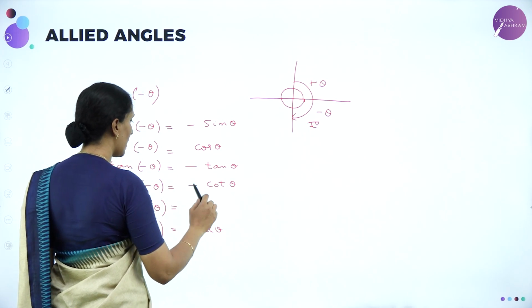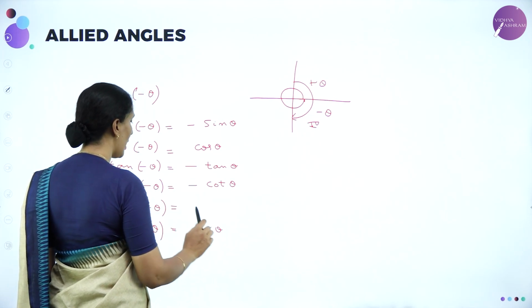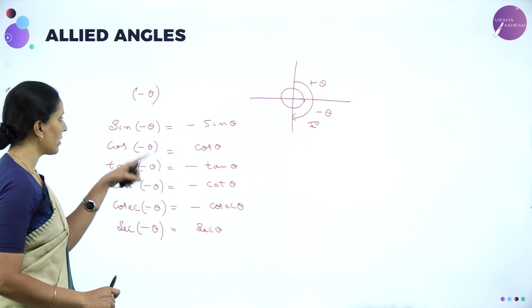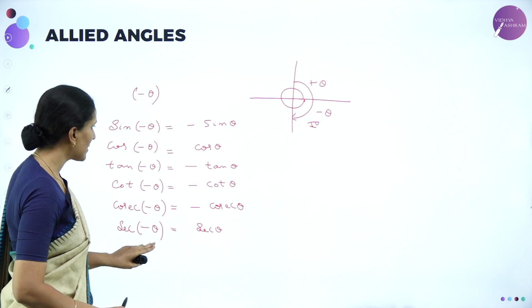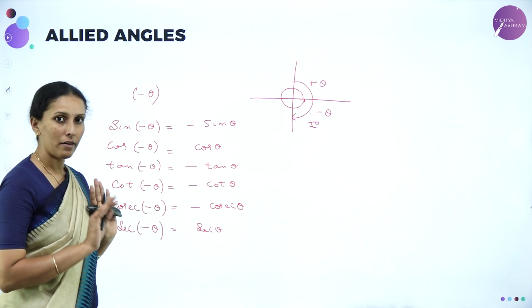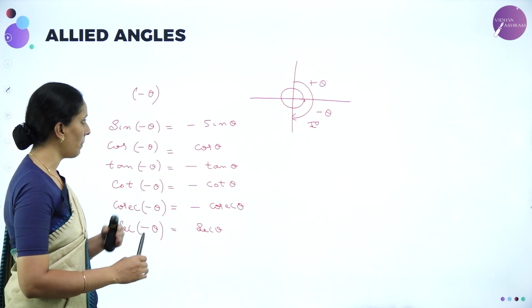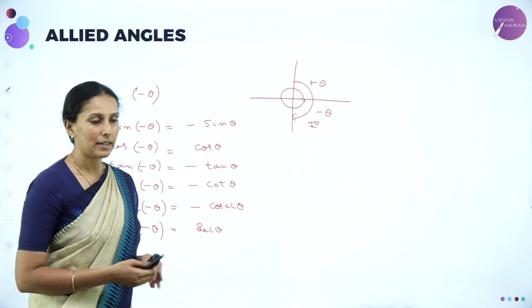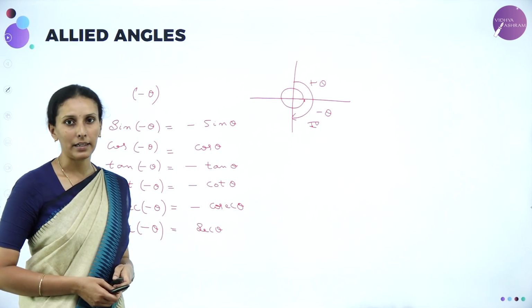Cot of minus theta is minus cot theta. Cosecant of minus theta is minus cosecant theta. So the only functions that remain the same with plus theta or minus theta are cos and secant. The others become minus sine theta, minus tan theta, minus cot theta as well as minus cosecant theta.